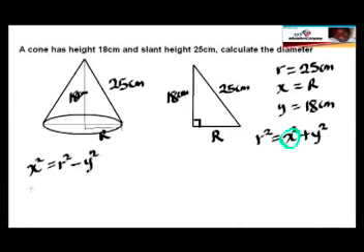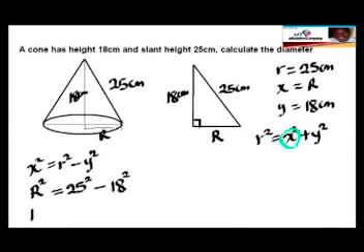Now I'll begin to substitute my values here. I have R square, which is representing your hypotenuse, is equal to 25. So you have 25 square minus 18 square, which is represented as y.